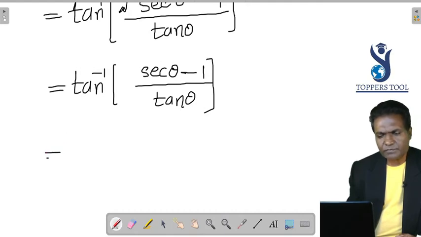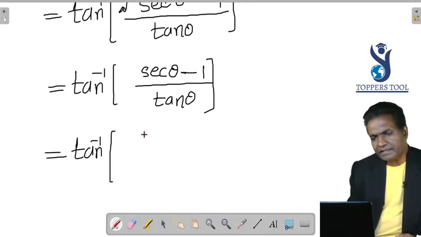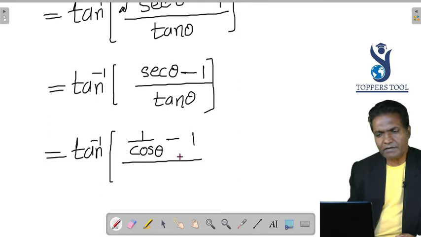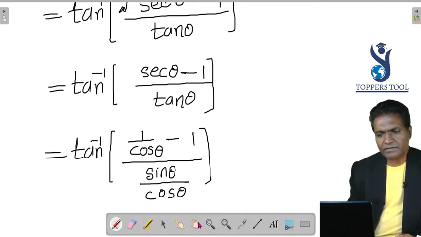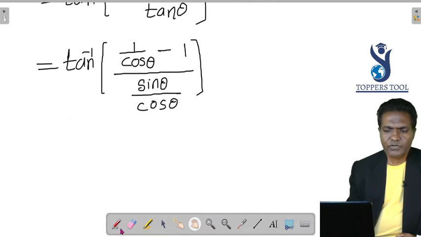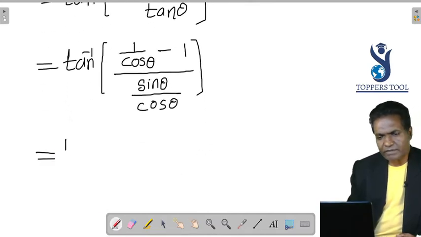Which is equal to tan inverse of, further I write sec theta as 1 by cos theta, minus 1, divided by tan theta, which I write as sin theta by cos theta. So further go on simplifying.